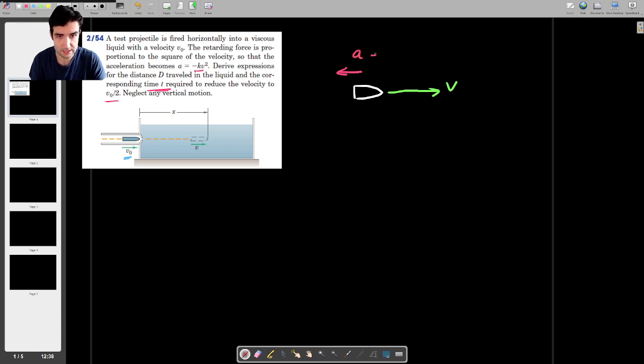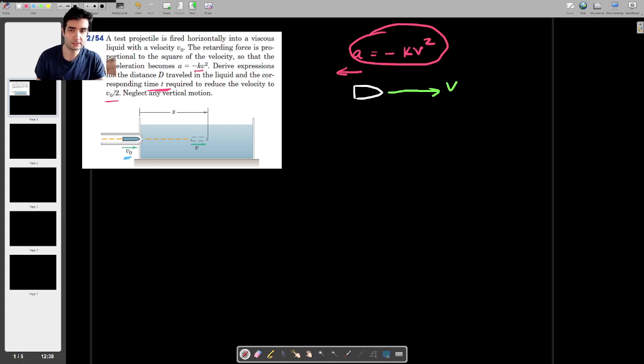And this is a, which is proportional to the velocity squared. So this is what we're going to use as our starting point to find out expressions for distance as well as for time eventually. So here's what we can write. We've got that a is equal to minus kv squared.